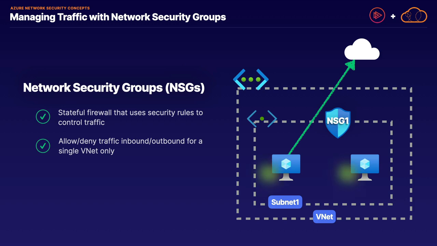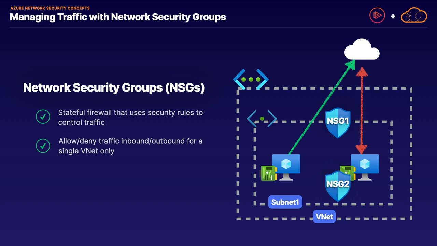And this is going to impact all of the network interface cards for every single resource inside of this subnet because we've associated the network security group at the subnet boundary inside of the virtual network. Now, let's say we want to have traffic managed slightly differently for another resource inside of a subnet. Well, we create a network security group and associate it with the network interface of that resource, as we see here with NSG2.